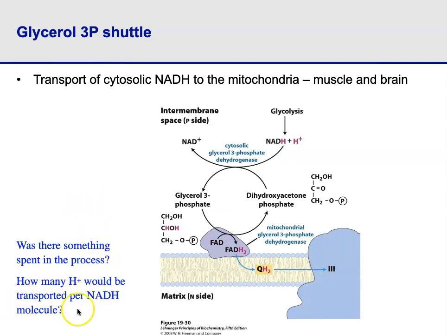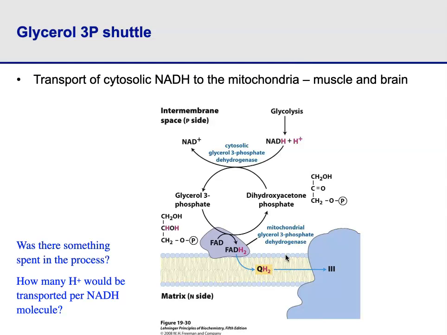How many protons will be transported per NADH molecule that offloaded its electron pairs following this pathway? From NADH to dihydroxyacetone phosphate to FAD, forming FADH2, and then to Q. Now, think about it. We skipped complex 1. Complex 2, whether we skip it or not, doesn't really matter because it doesn't contribute to proton transport.